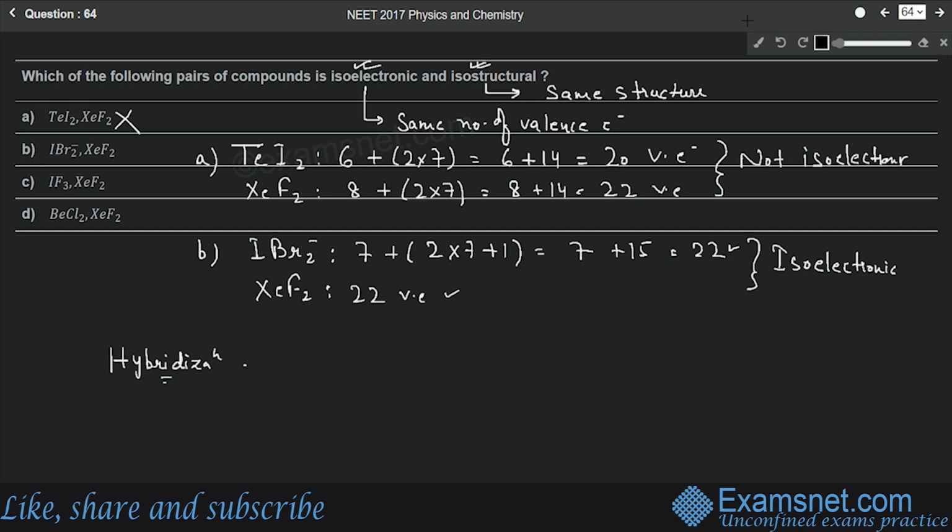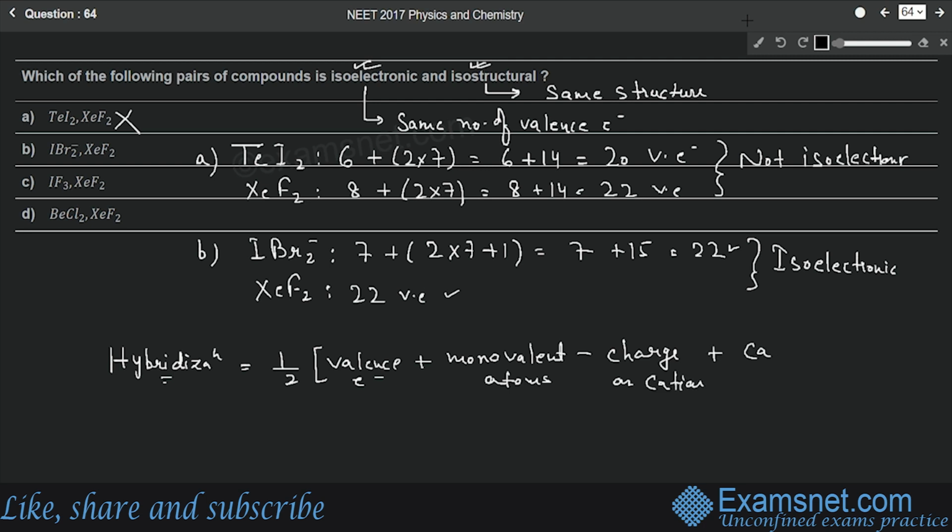We use the formula: half the number of valence electrons plus number of monovalent atoms minus charge on cation plus charge of anion.